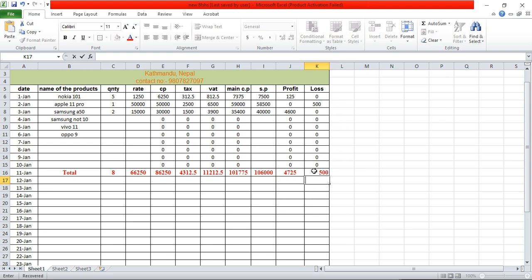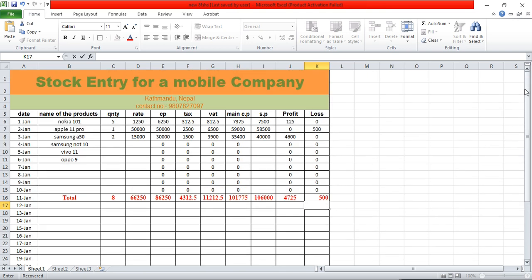So if you deduct the loss amount, then it will show you 4,225 rupees of net profit with you up to 10th January. Okay, so this is the way you can calculate the financial statements of the businesses. This is the way you can calculate the profit and loss by using Excel.